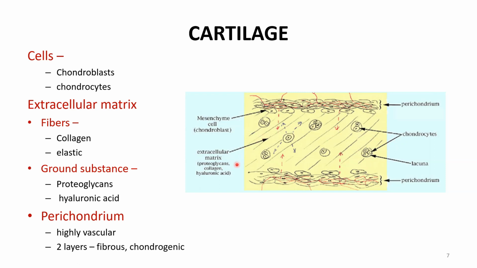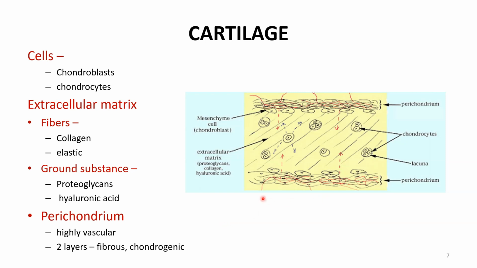The extracellular matrix consists of fibers and ground substance. The fibers can be collagen fibers or elastic fibers. The ground substance is rich in proteoglycans and hyaluronic acid.